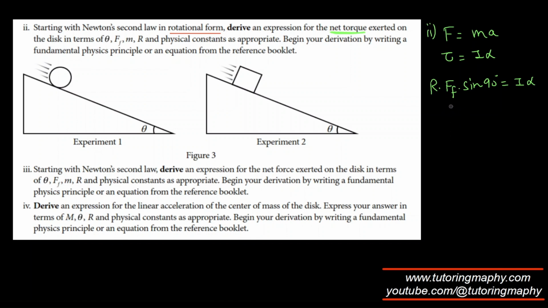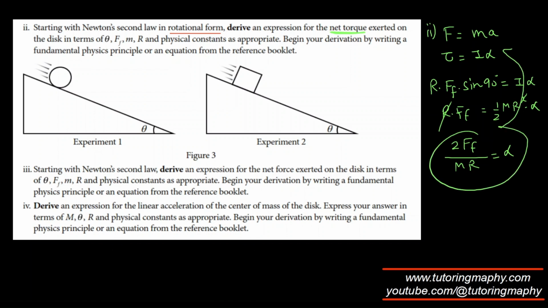So this becomes R times Ff, because sine 90 is anyway 1, and that's equal to half MR squared times alpha. So R and R is gone. So I have alpha equals 2 times Ff over MR, by multiplying 2 on both sides and dividing by MR on both sides. And this alpha I'm going to sub in over here to find the torque, because that's what they need after all, the net torque.